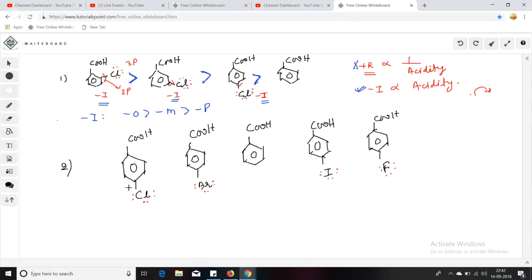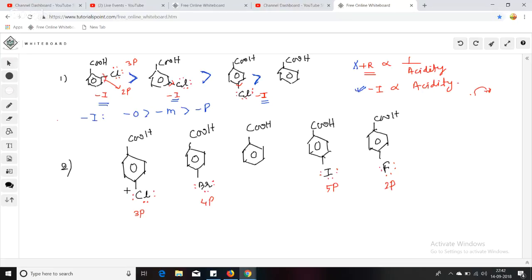Now as I said, this carbon is 2p and this chlorine is 3p, bromine has 4p, iodine has 5p, but fluorine has a 2p orbital. So with the same logic, if we try to conclude this, we get what?